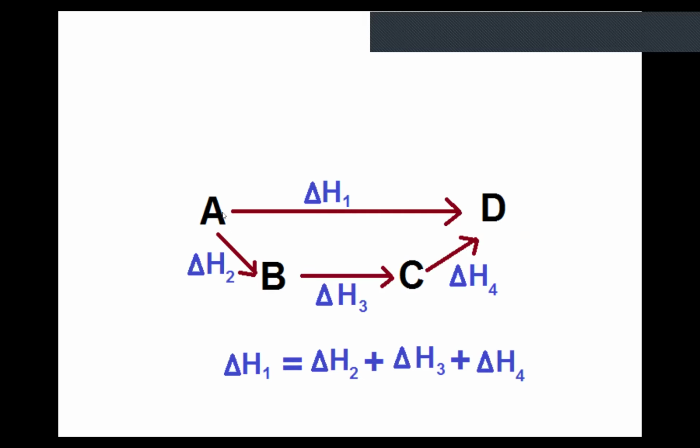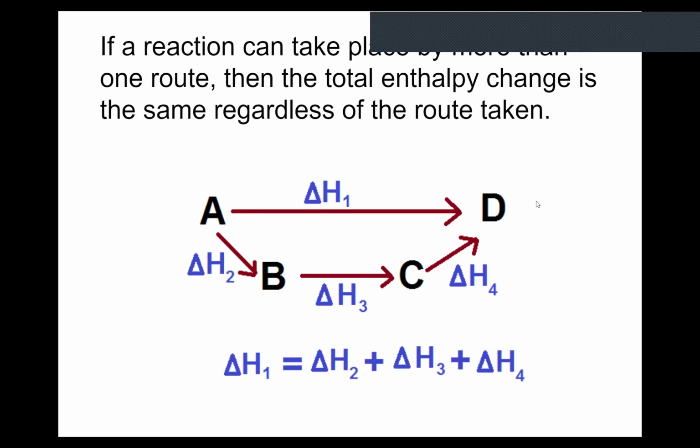But you could also get there by going A to B, B to C, and C to D. And let's say if you, the chemist, can more easily conduct those 3 smaller reactions much easier than the direct one, you could simply add together the delta H values of the 3 smaller reactions and arrive at the delta H for the direct reaction. If a reaction can take place by more than one route, then the total enthalpy change is the same regardless of the route taken.